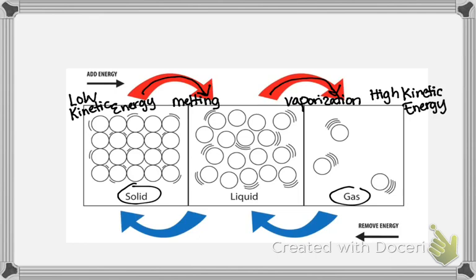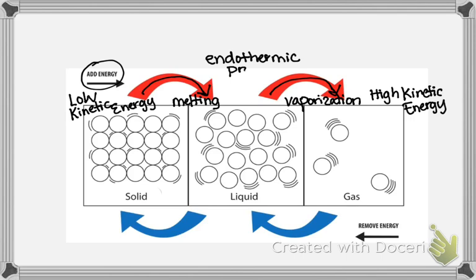Now, in order for this to happen, we have to add energy. Energy has to come in. It has to be absorbed. Now, this actually has a name, and many of you have probably heard it before, but we're going to talk about it. There is a process where energy comes in and causes particles to move faster and have more kinetic energy overall. And this is what is known as endothermic. An endothermic process is when particles absorb energy.